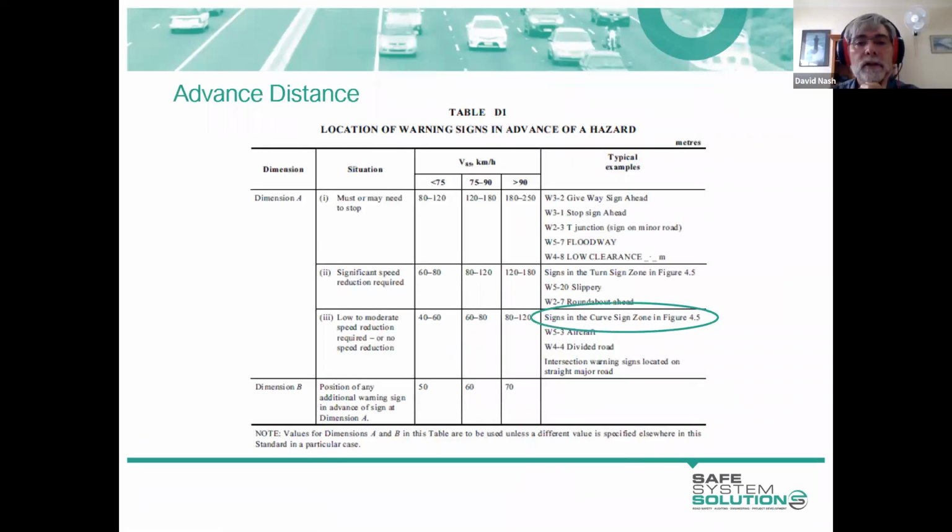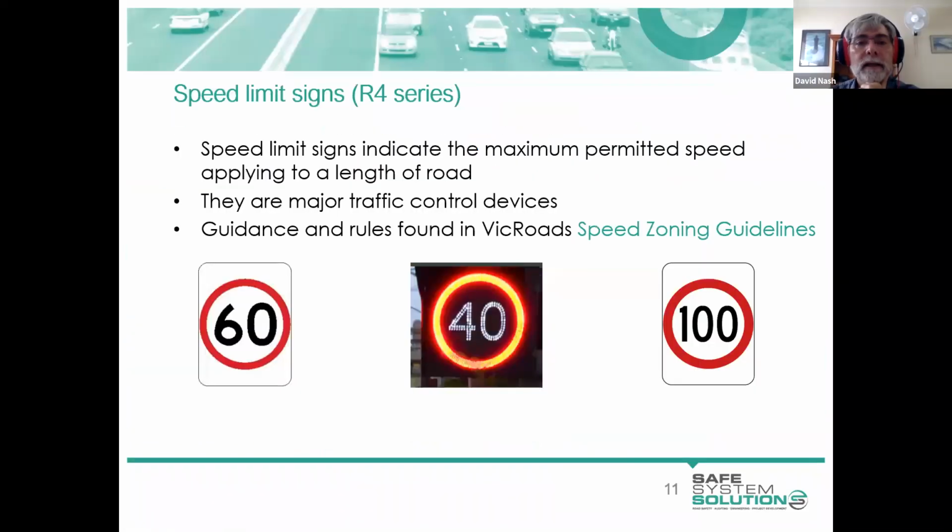All right, let's continue on. When we think of regulatory signs, probably the first type of sign you think of is a speed limit sign. And of course, that is the maximum permitted speed applying to a length of road. Those words, length of road, are important because that's what it says in the road rules: the speed limit applies to a length of road until you get to the end of the road or another speed limit sign.